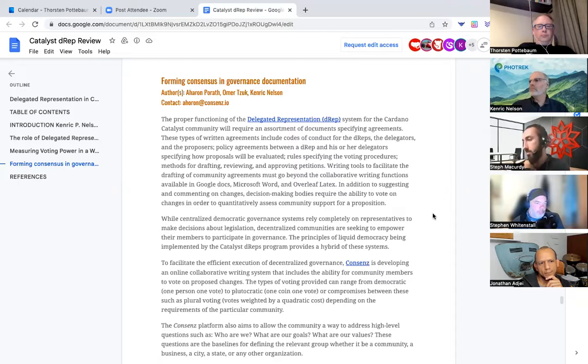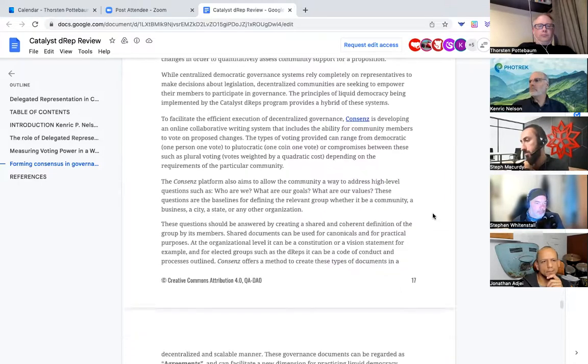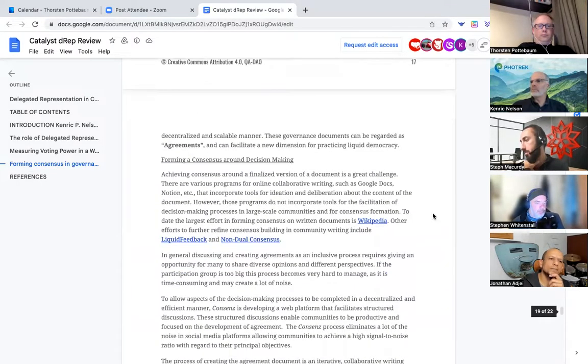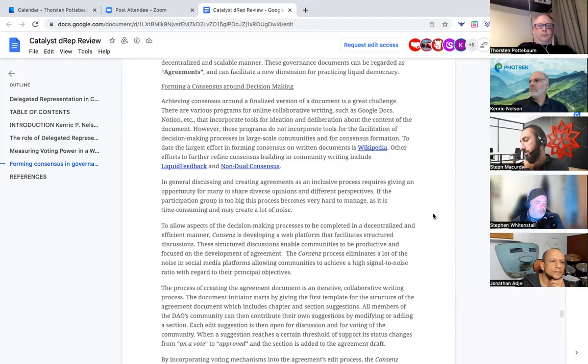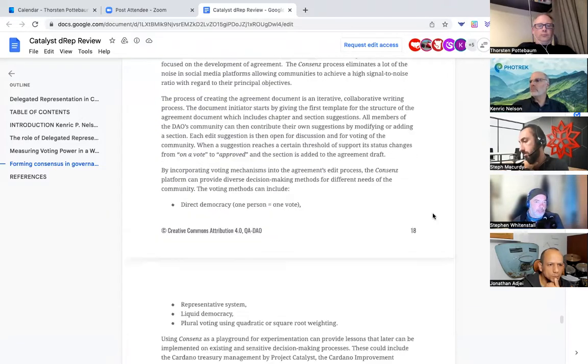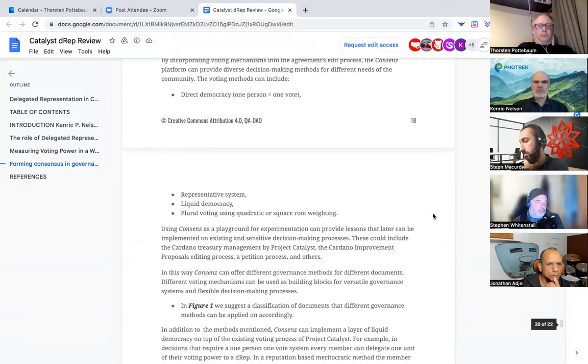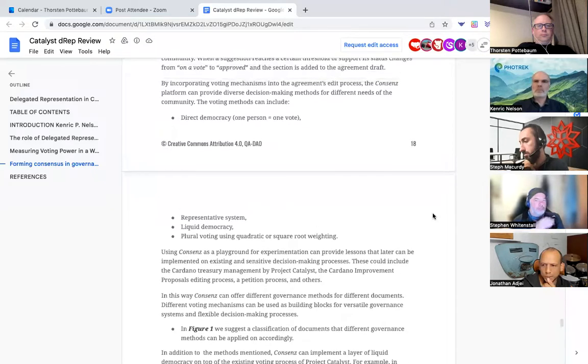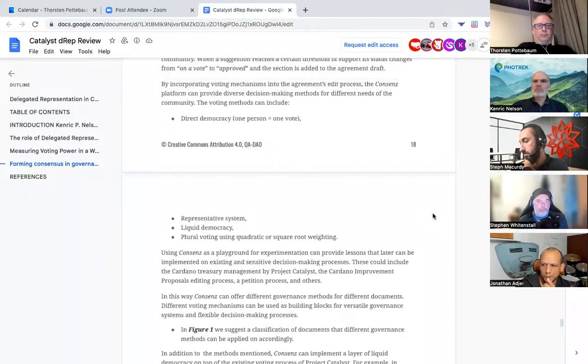The other part of this section is a suggestion of how we can use versatile democratic and voting systems in our governance processes. The dRep system will add liquid democracy to the governance of Cardano and Catalyst. But liquid democracy is not the only system. We know the representative system from the democratic nation state.